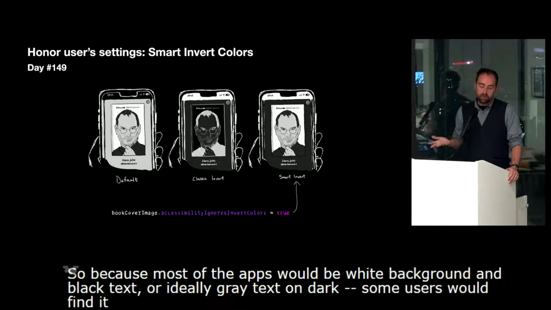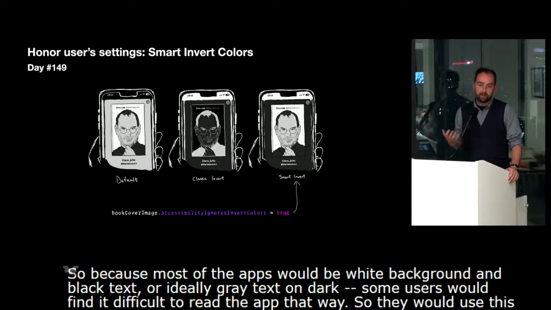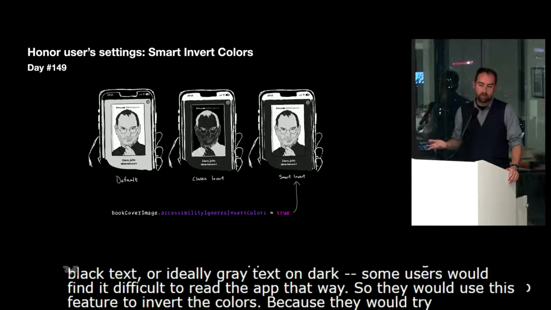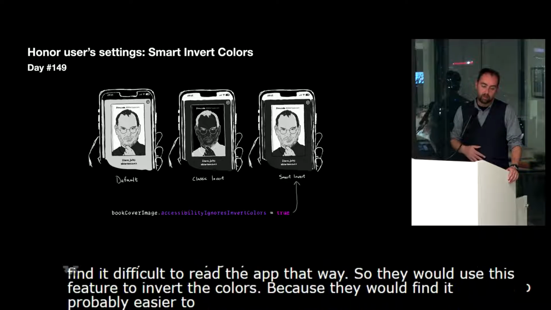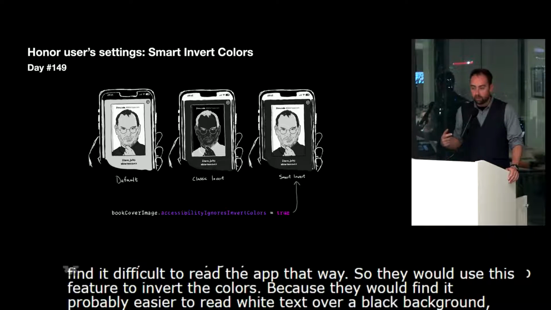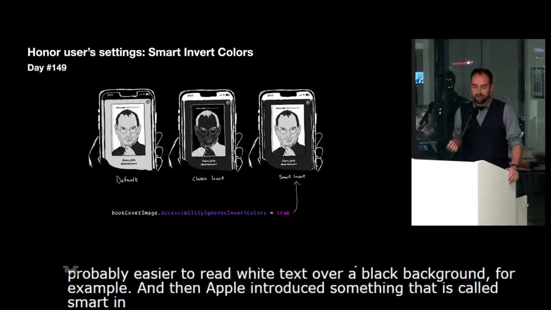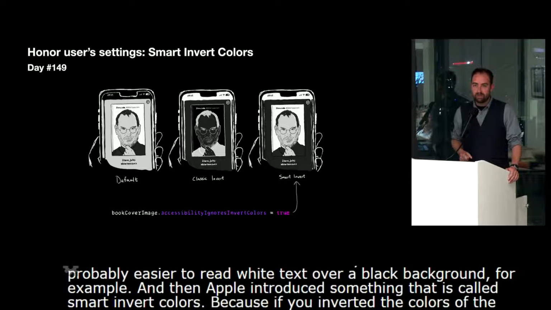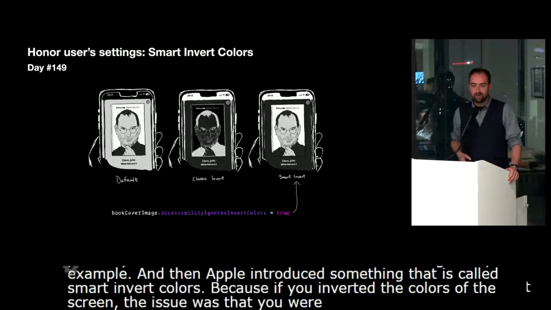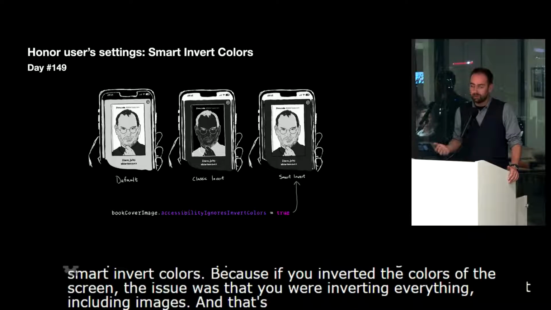So they'd use this feature to invert the colors, because they'd probably find it easier to read white text over a black background, for example. And then Apple introduced something called smart invert colors, because if you inverted the colors of the screen, the issue was that you were inverting everything, including images, and that's something that you probably didn't want to invert.